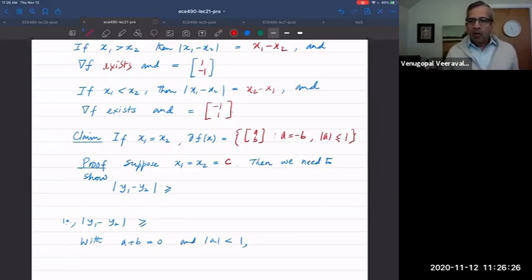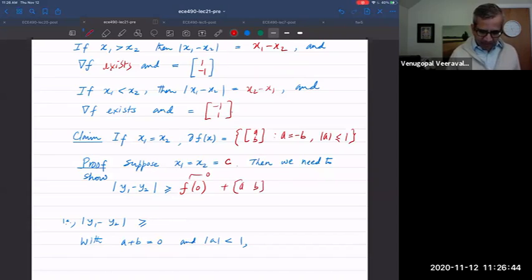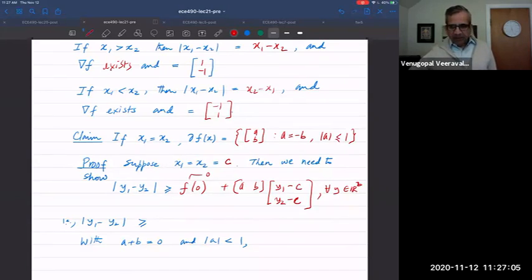What we need to show is that the absolute value of y1 minus y2 should be bigger than f of c, c, which is 0 in this example, plus, now my subgradient is (A, B), so (A, B) transpose gives me a row vector times (y1 minus x1, which is c, and y2 minus x2, which is also c). And this has to hold for all y belonging to R2. So everyone see that this is the condition we need to show?